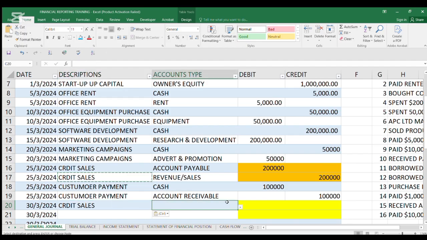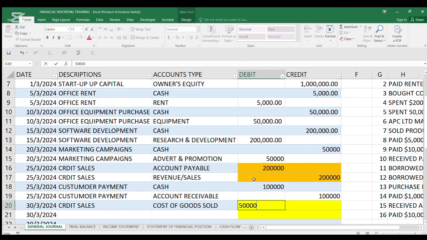If this is credit sales, which account are we going to debit and which account are we going to credit here? We will debit cost of goods sold. It's an expense. Scroll down. Where is our cost of goods sold? Which is 50,000. Then the same description goes for the credit transaction. This description is not correct.